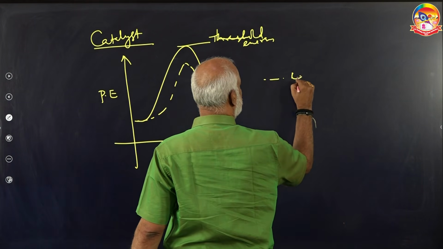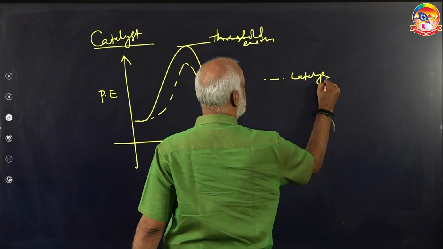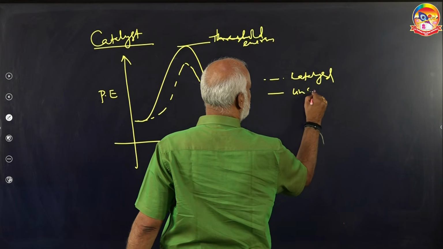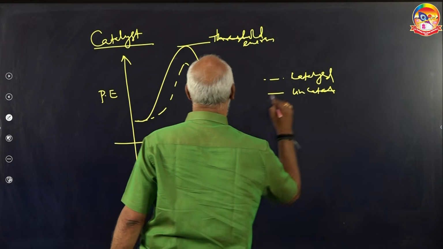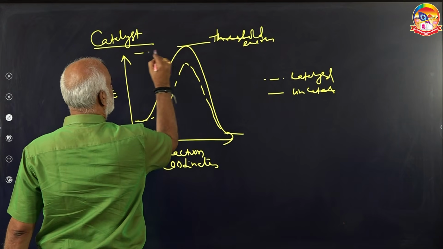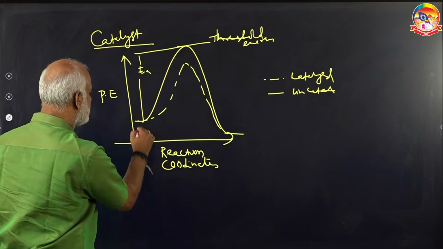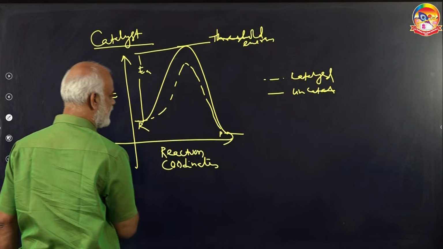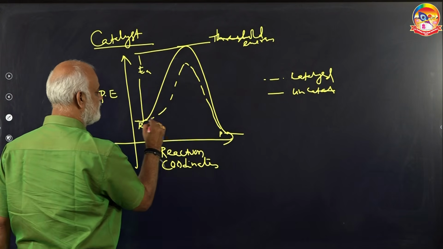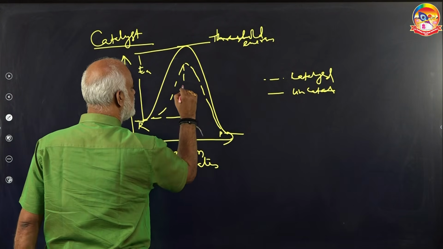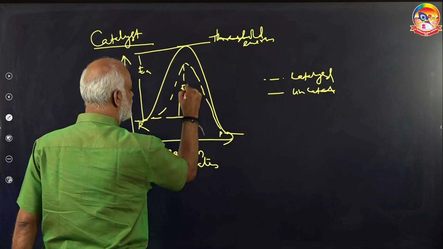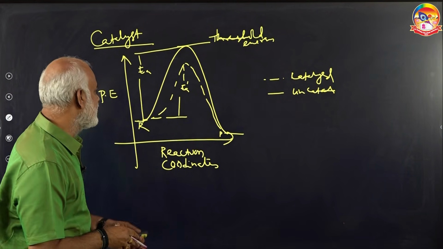Dotted is the catalyzed reaction, thick is the uncatalyzed reaction. You can see this is the energy that must be gained by the reactant molecule to form products in the uncatalyzed reaction. Whereas in the case of the catalyzed reaction, the energy is only EA dash.